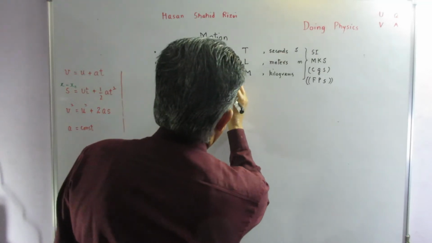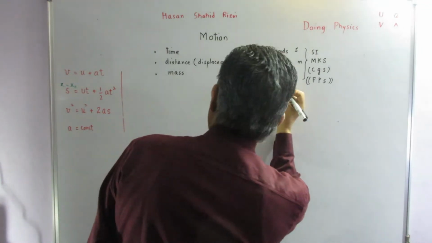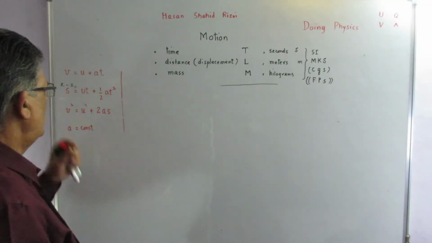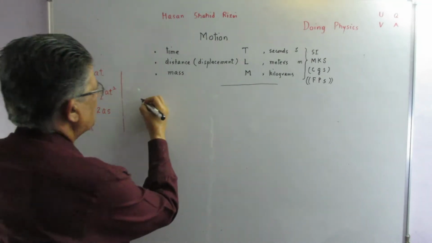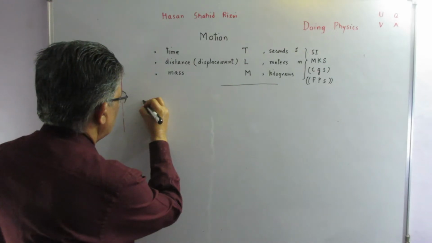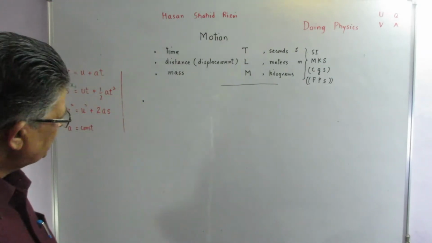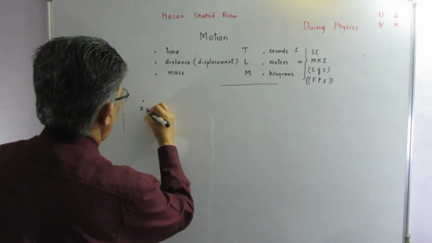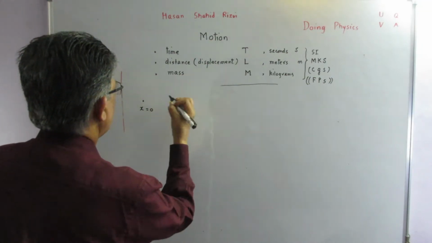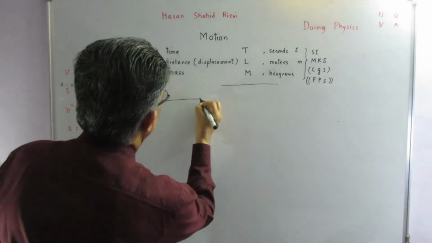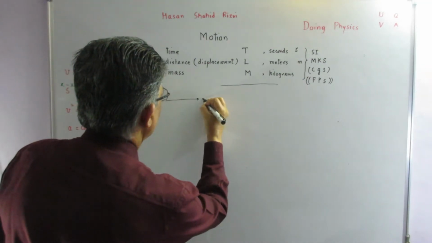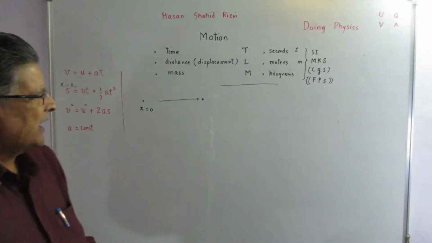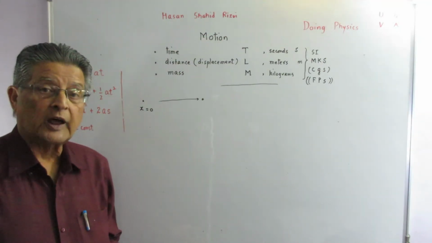So first of all, I start with the point of reference. We have to choose the point of reference, which I can say is x equal to 0, and then I move on to another point in space. And what is a point? Point is a dimensionless thing.